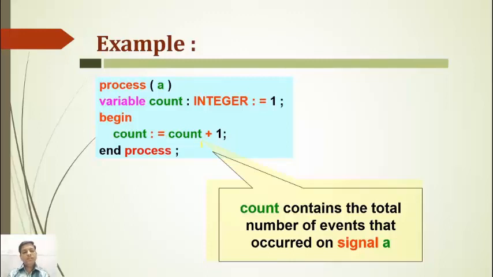Here count contains the total number of events that occurred on a signal A. So in this way the variable can be declared.